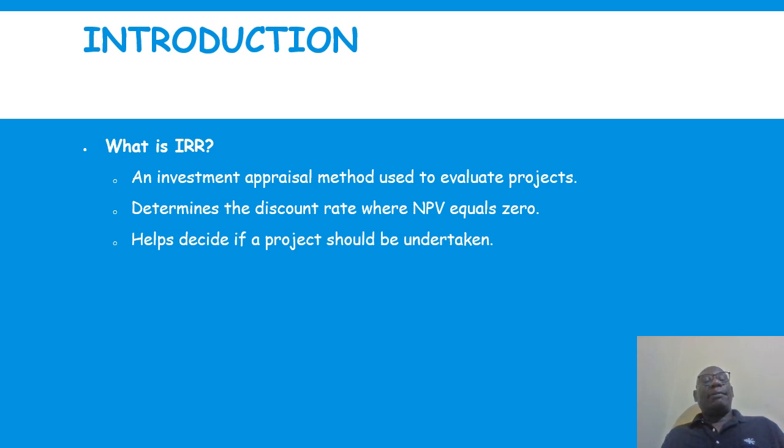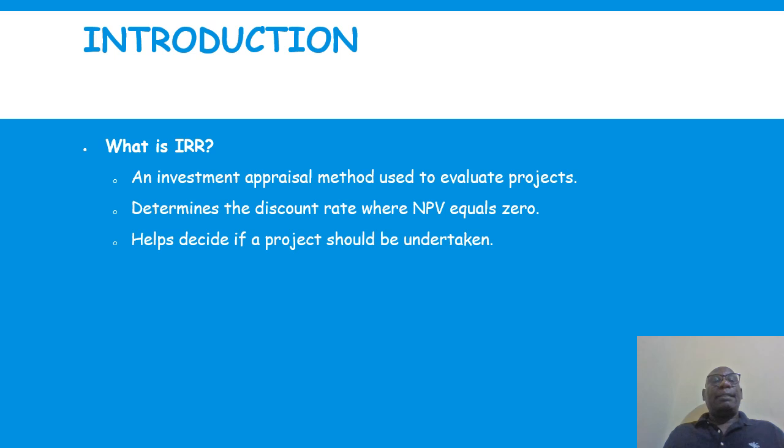Let us try to appreciate the definition of internal rate of return. What is internal rate of return as an investment appraisal method? Internal rate of return is an investment appraisal technique which can be used to evaluate projects which a business might intend to undertake.